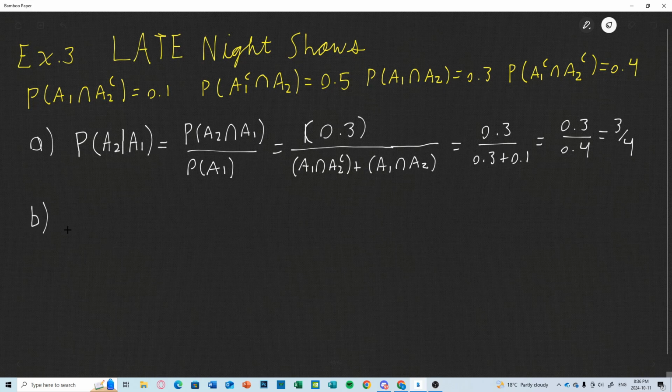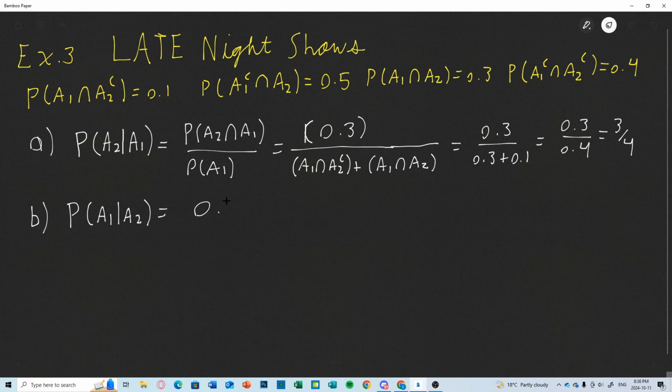Question B is, if we know someone already watches Stephen Curry, what's the probability that they also watch Chris Pratt? So this time it's going to be A1 given A2, which again will be the same formula with just A2 at the bottom.